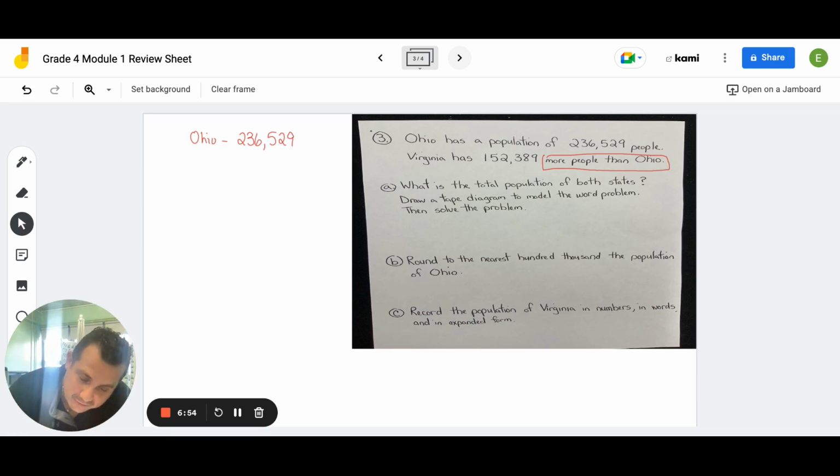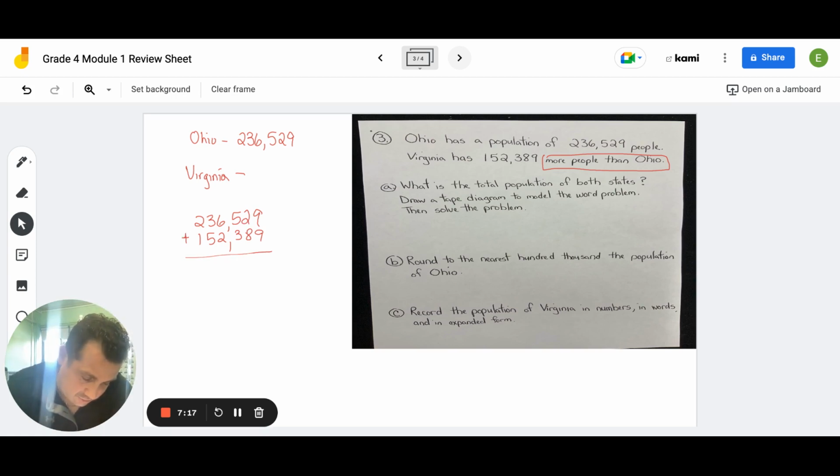And Virginia has 152,389 more. So if I'm going to look here and put Virginia, I have to do 236,529 plus 152,389. I have to add those up, and that will give me Virginia. All right.